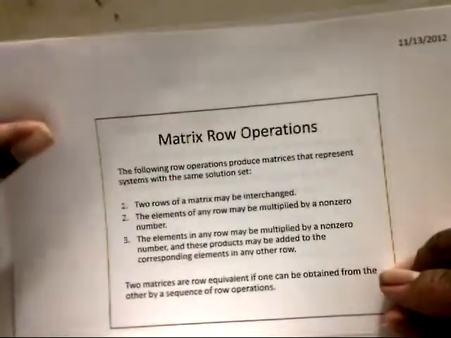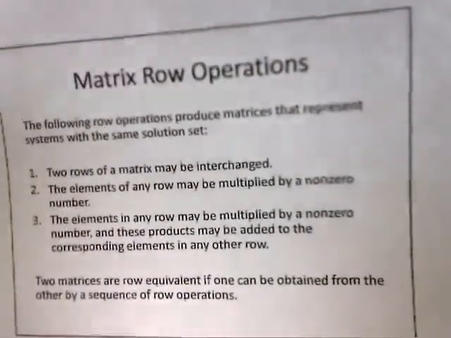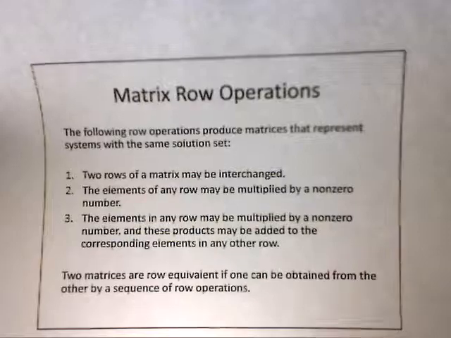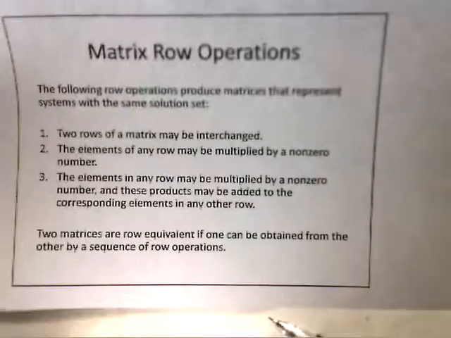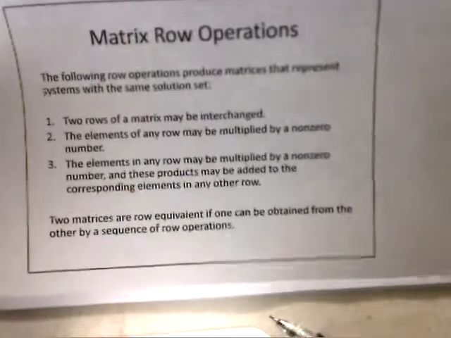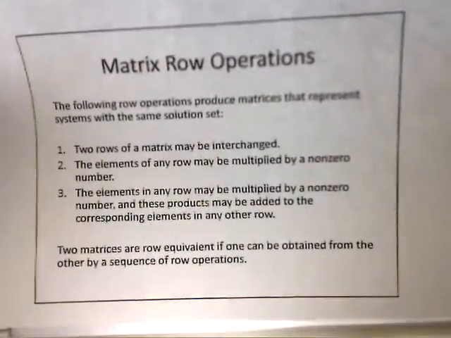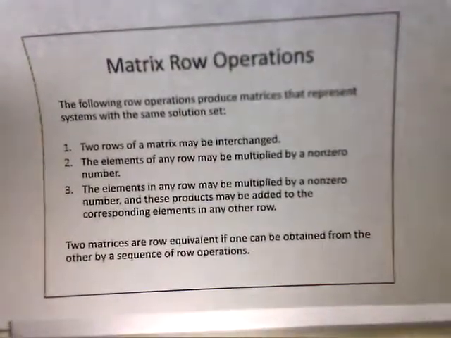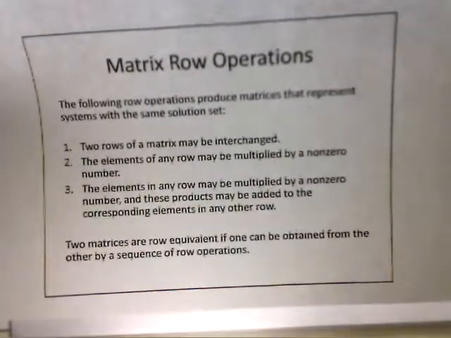And these are the following procedures for row operations that represent the system with the same solution set. In other words, two rows of a matrix may be interchanged. Okay, because you can interchange or swap either the first and the second row, or the second and the third, or the first and the third.